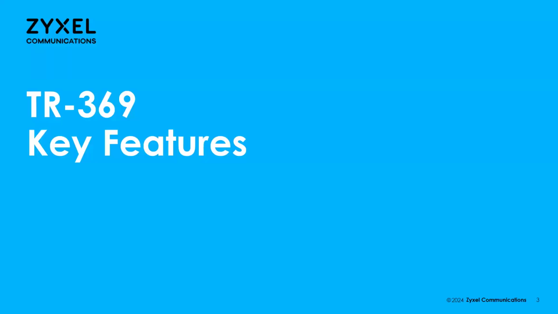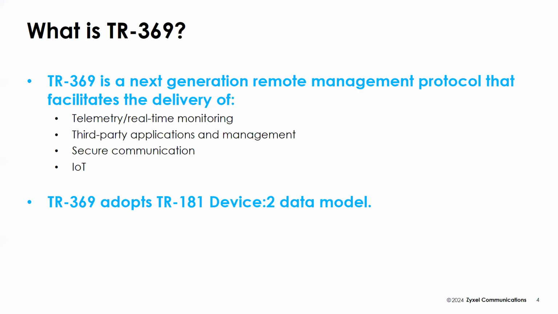Okay, so I'll start from the first chapter, TR369 key features. Why did TR369 come out? The reason TR369 was created is that the previous TR69 has some weaknesses. It has to be reshaped following the latest and future market trends, which includes the 4 points I list here.